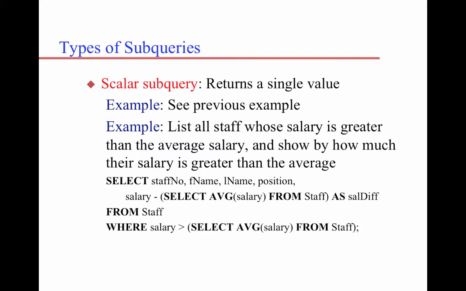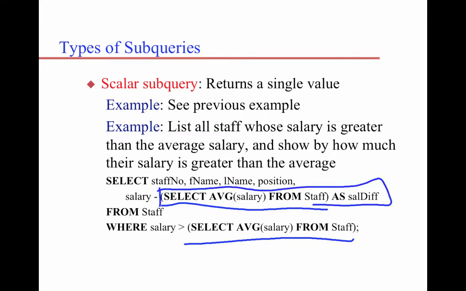So here we were listing all staff whose salary was greater than the average staff salary, and in order to do that, we needed to first know what the average salary is, so we had to write this subquery twice, which calculated the average salary, and then we could say where salary is greater than the average, and here, this one, the average again, replaces this subquery.